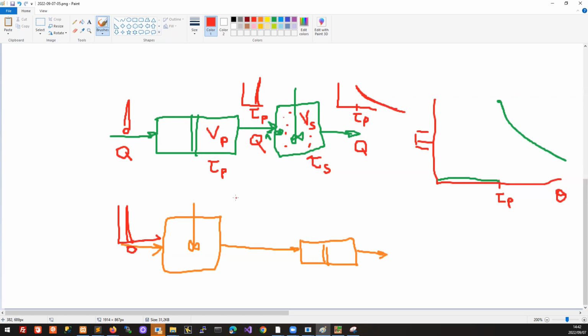And now we are exiting the CSTR. So from 0, we will get an exponential decay. And now we are feeding an exponential decay into a PFR. And what this PFR will do is delay every single part of this curve. So this whole curve is going to be delayed by a set amount of time. And that set amount of time is tau P.